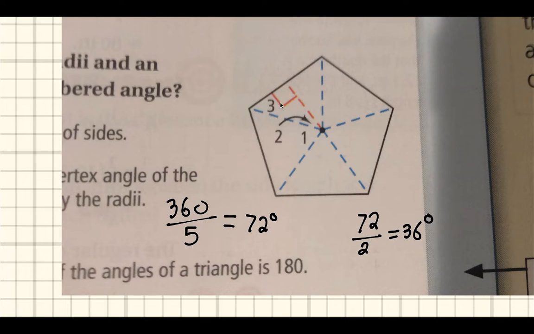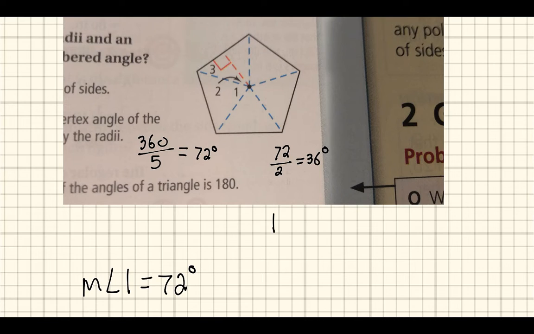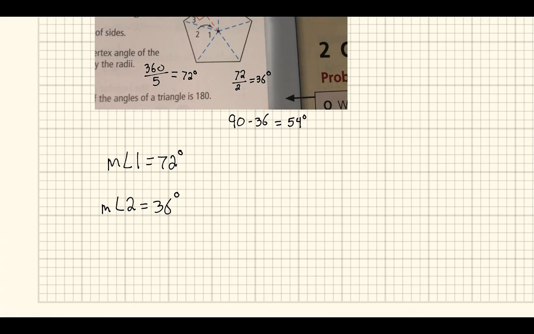Or we can just do, since it's a right triangle, 90 minus the 36, and that's going to give us the measure of angle 3. So 90 subtract the 36. What's that going to give me? 54 degrees. So that's the measure of angle 3 there.